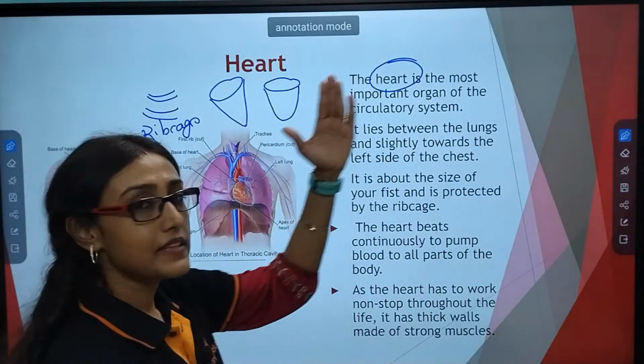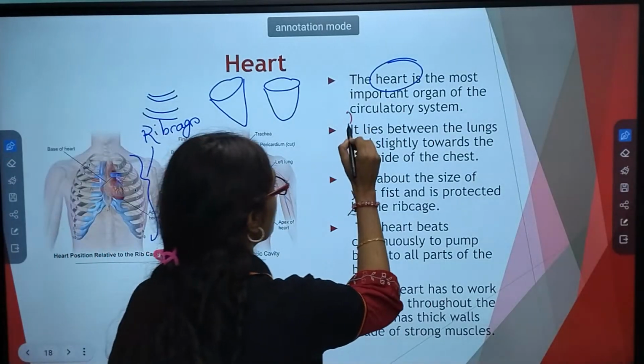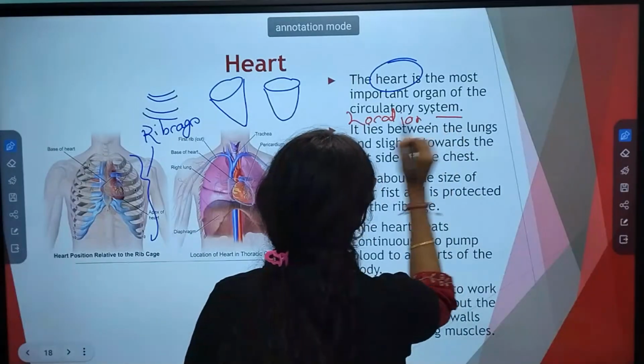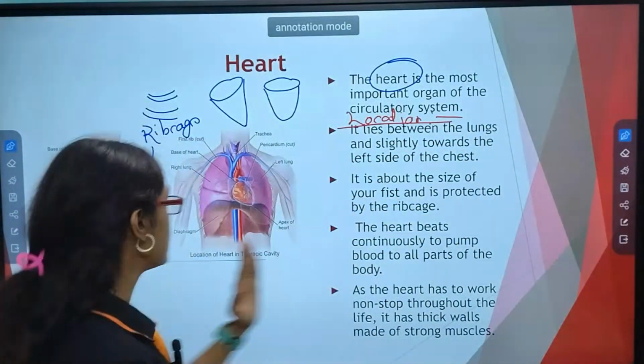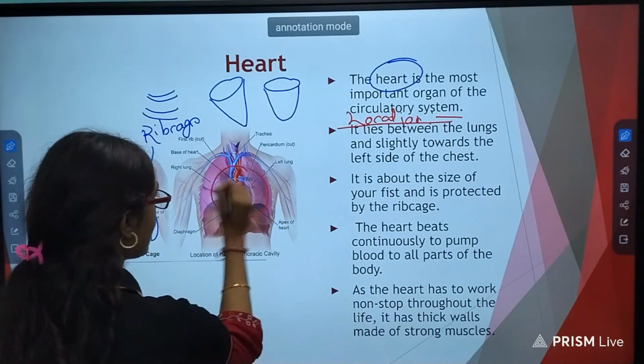Okay. So if they ask you, what is the location of heart? So what is the location? Just now I have told you. It lies between the lungs. See, here the lungs, it lies between the lungs, right?